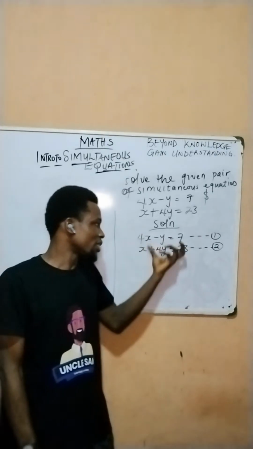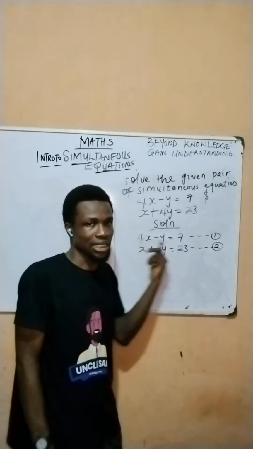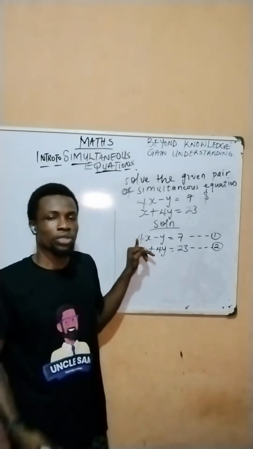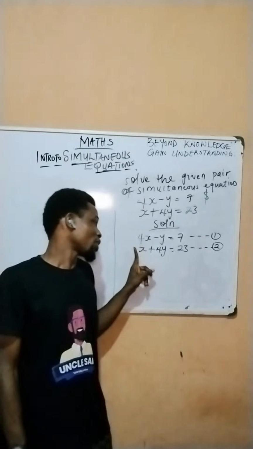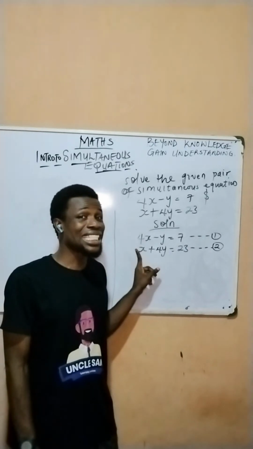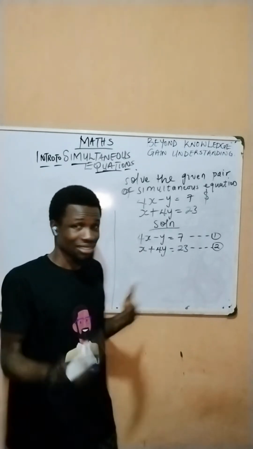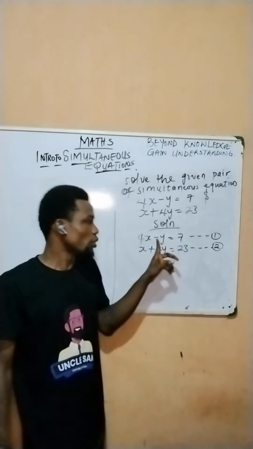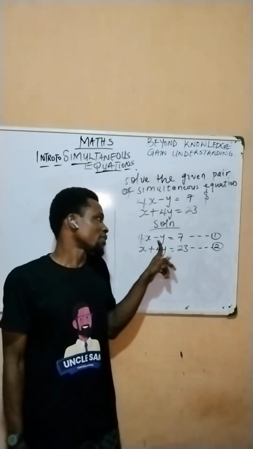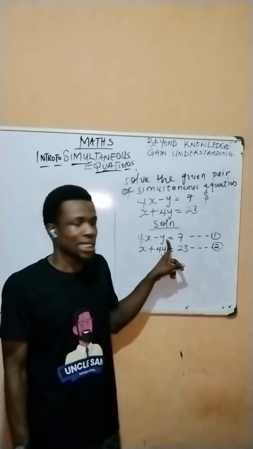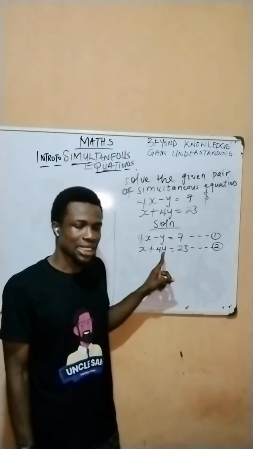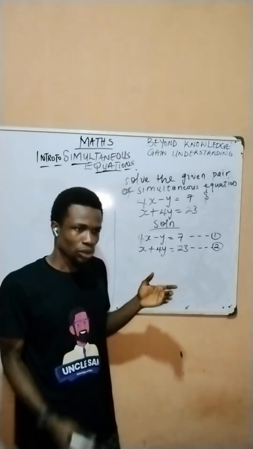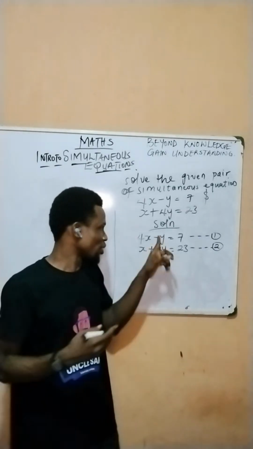If we say let us eliminate the x, the coefficient of the x here is 4 and the coefficient of the x here is 1. They are not tallying. If we go over here, the coefficient of this y is -1 and the coefficient of this y is +4. So it's not actually tallying. Here is 1, here is 4.